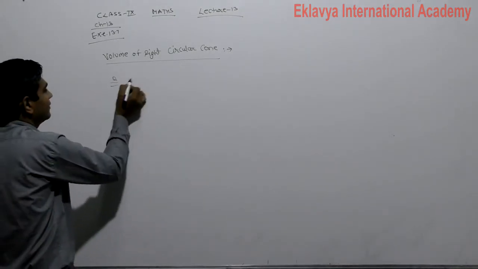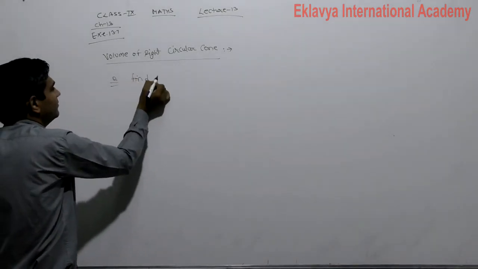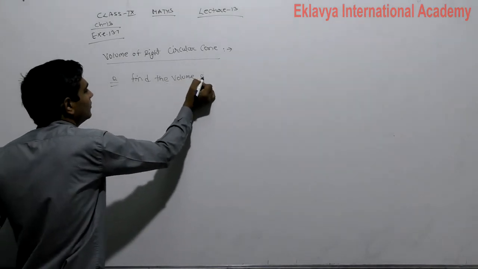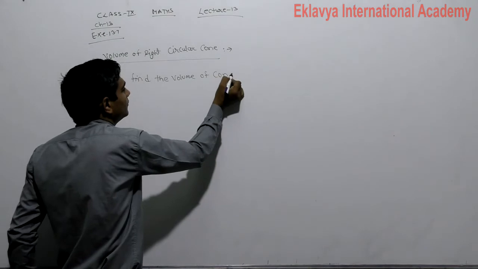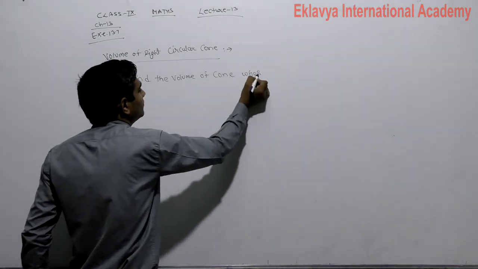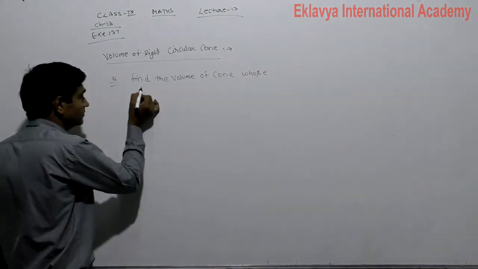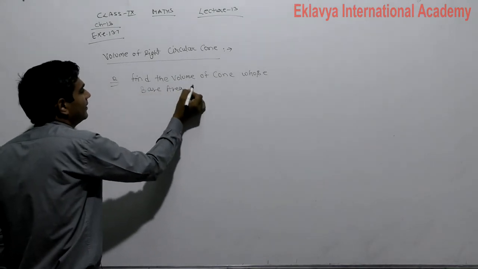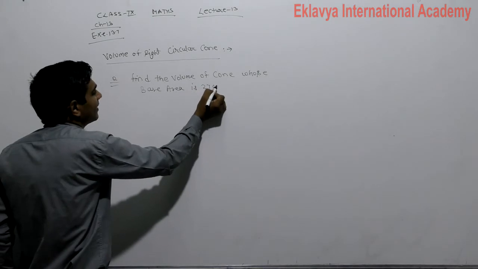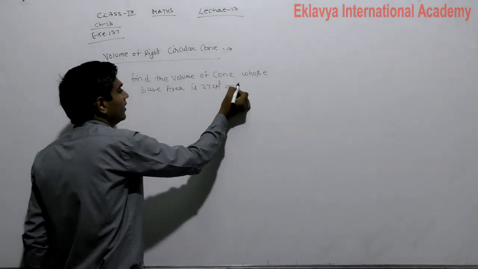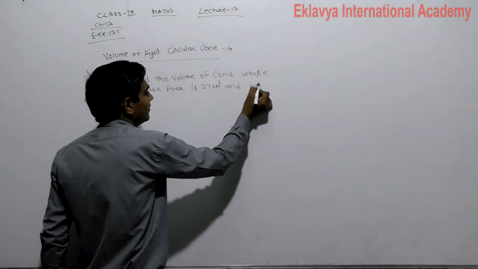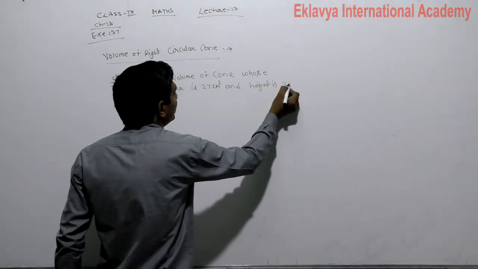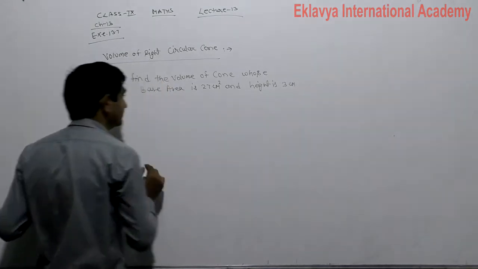Question is: find the volume of a cone whose base area is 27 centimeter square and height is 3 centimeter.